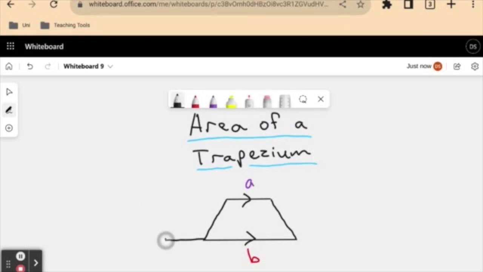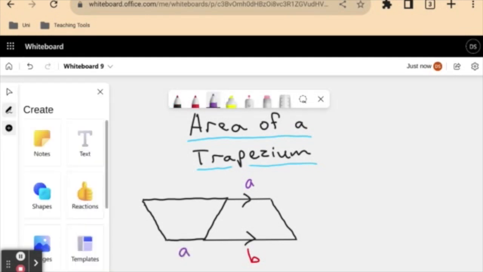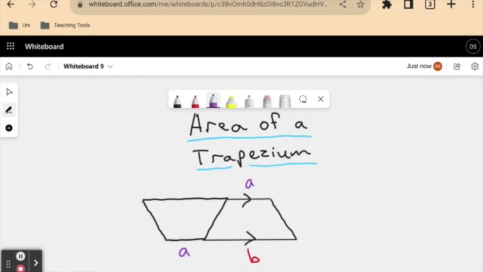And we're going to have the longer side here. Now, I'm going to relabel my sides. We have A and B up here. And these are still parallel.